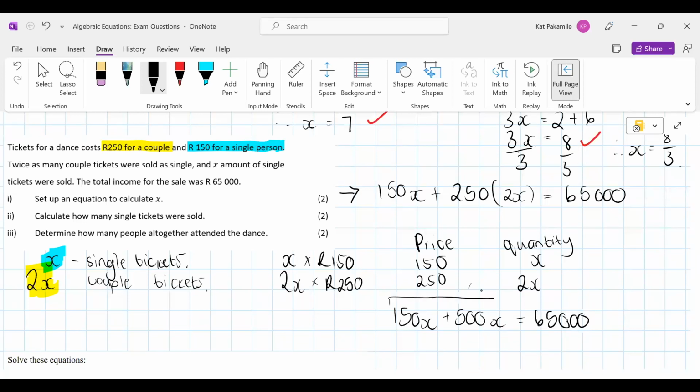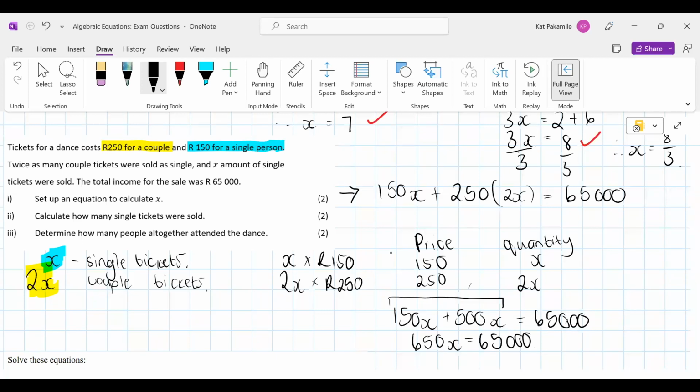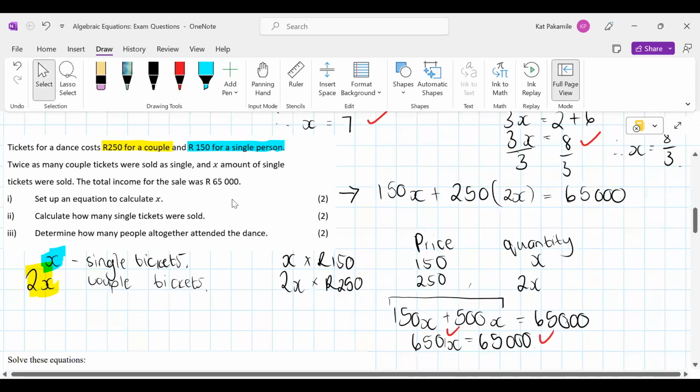So what's 150x plus 500x? Thank you, Bontle. That would be 650x is equal to 65,000 Rand. They said set up an equation. They didn't say solve it. So for the first one, you have gotten your 2 marks for this side, that side. That was number 1. Okay.